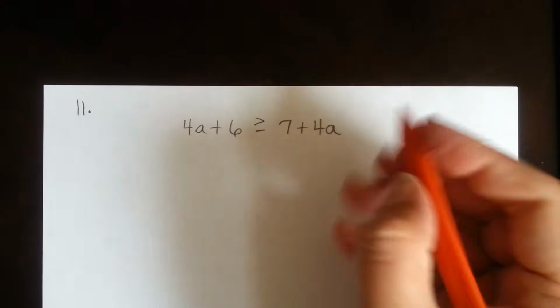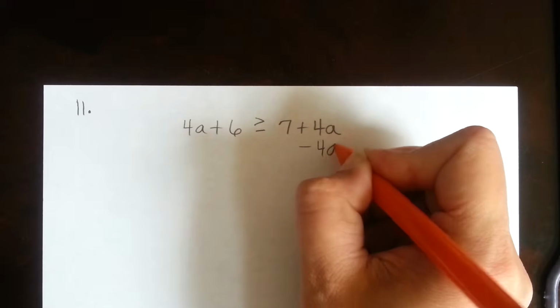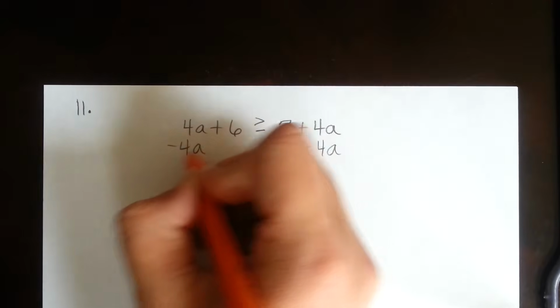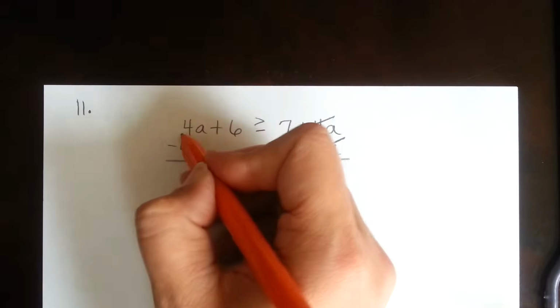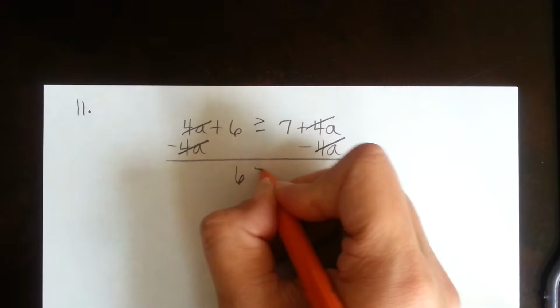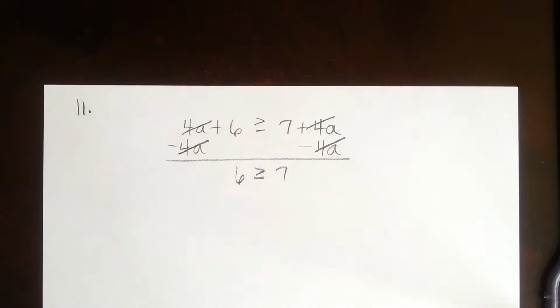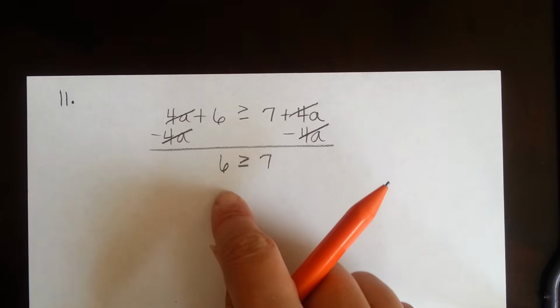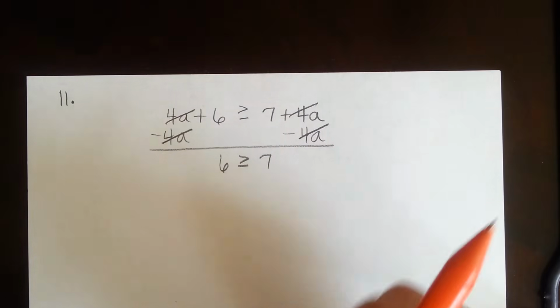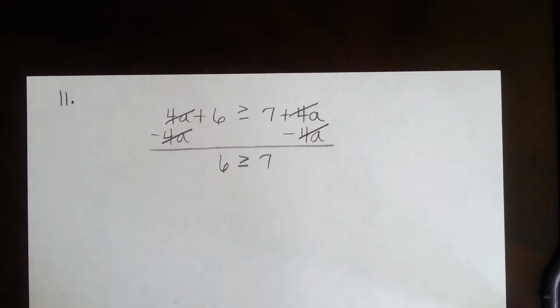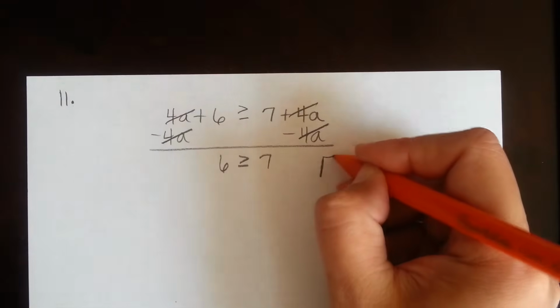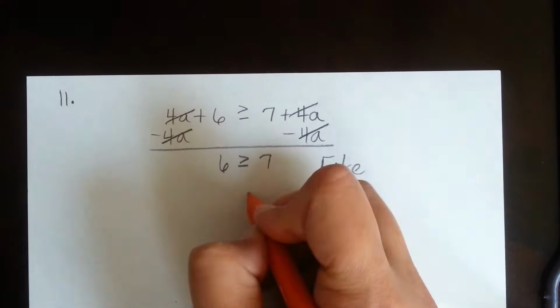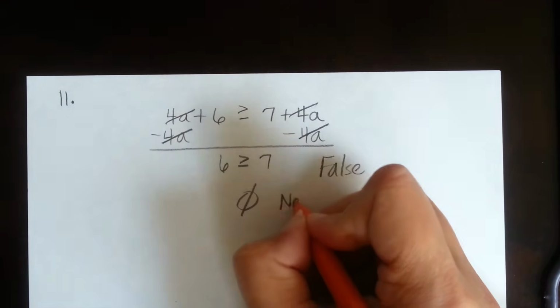So I'm just going to pick this one and do minus 4a from both sides. Uh-oh, on this one, all of the variables cancel out. So we need to see if we're left with either a true statement or a false statement. This is saying 6 is greater than or equal to 7. Is that true or false? That is false.